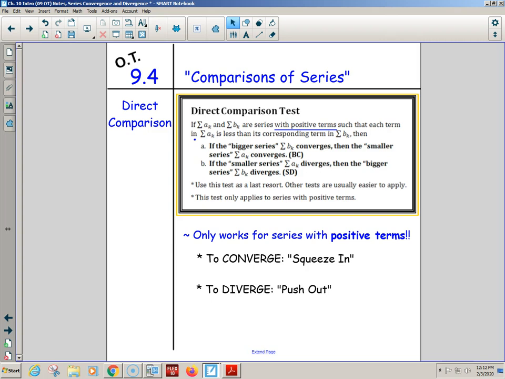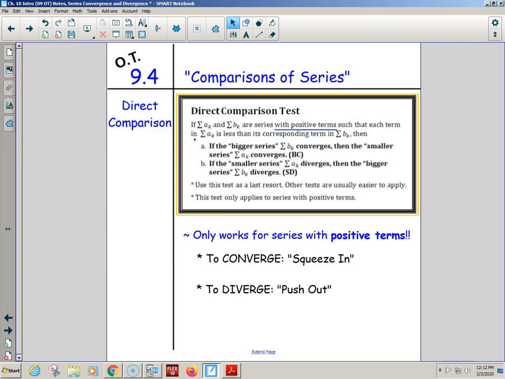P series, and P is. Okay, so all that to say, coming back, if the bigger converges, the smaller converges too.